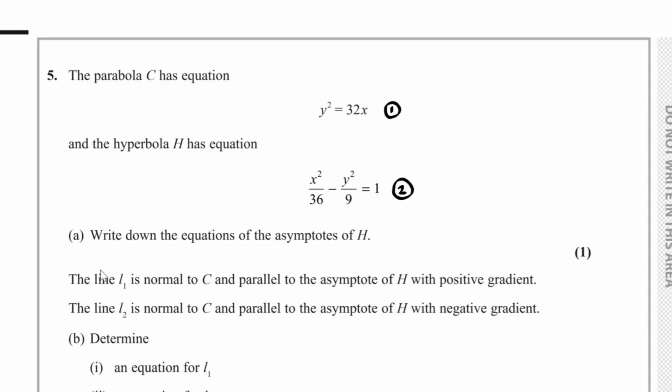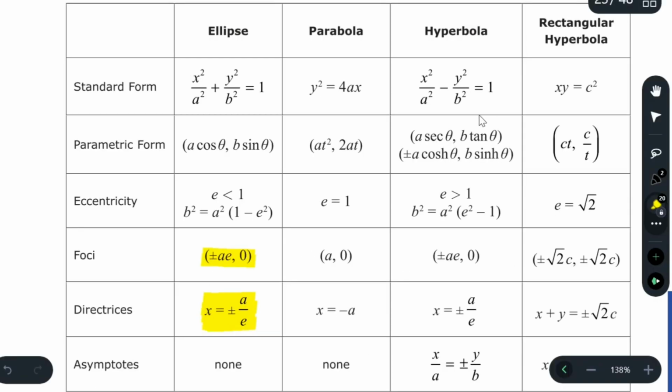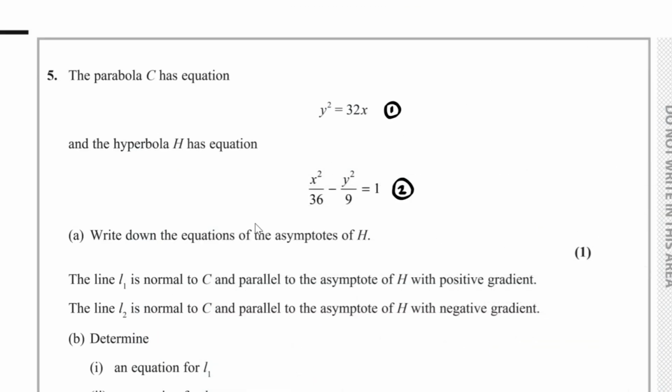Now, for part A, we have to write down the equations of the asymptotes of H. In the formula book, for hyperbolas, the asymptotes are given by x over a equals plus minus y over b. And you can see from H, a is equal to 6, b is equal to 3.